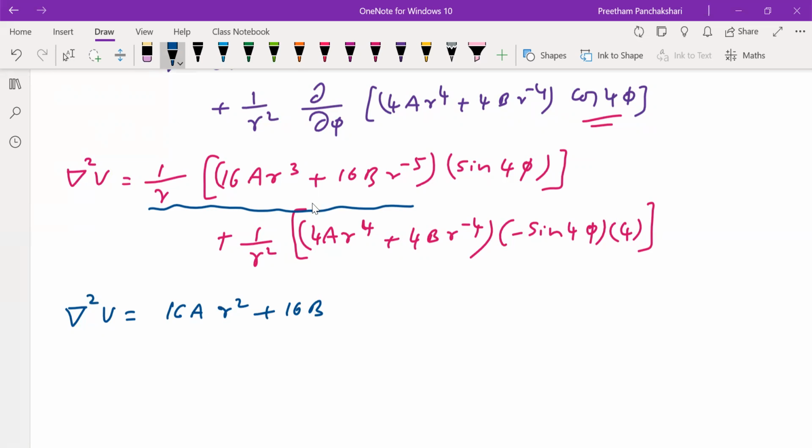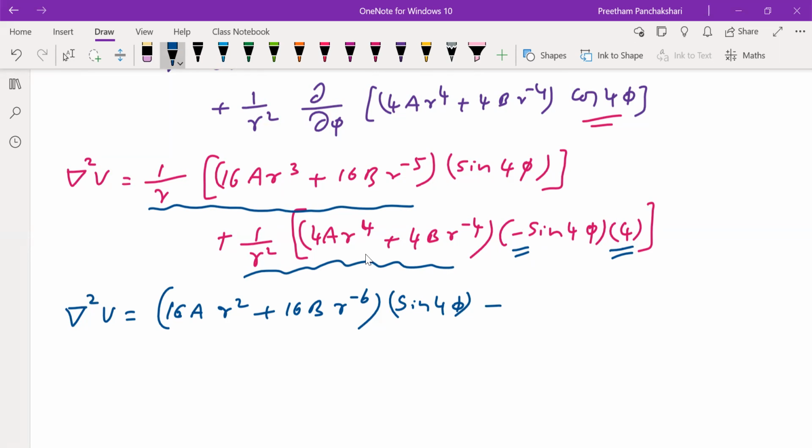R power minus 5 divided by r is r power minus 6, into sine 4 phi. This makes the first term. Similarly, in the second term, see here carefully, it is minus. I'll take out minus here and multiply the second term by 1 by r square. Also at the same time, I would like to include 4 into this term within the bracket.